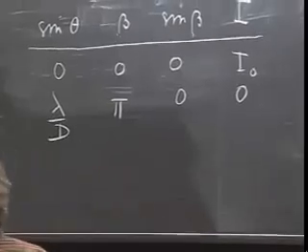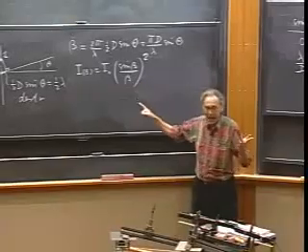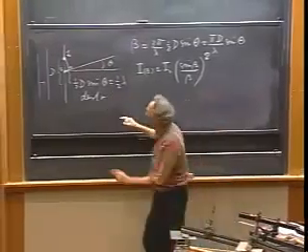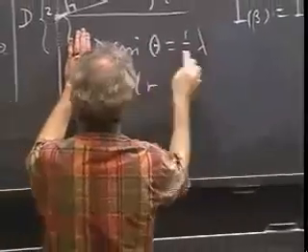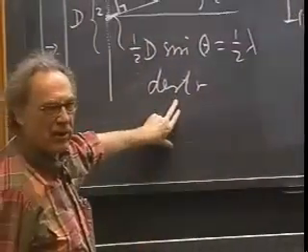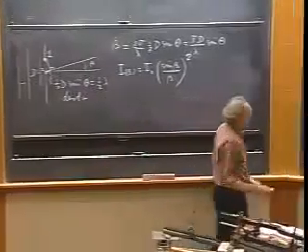Because the upstairs is 0, but the downstairs is not 0. Look, if you take this half away, and you take this half away, you get that the sine of theta is lambda divided by d. I already predicted that you would have destructive interference. That's exactly this case, of course.